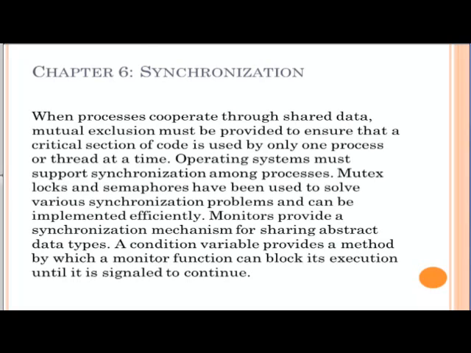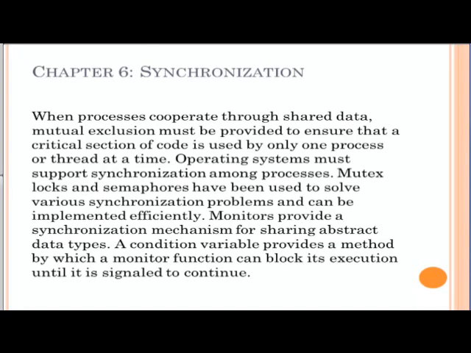If there's something that the second process needs from the first process, then you have to synchronize them. You have to make sure that the first process is done before the second process continues. It can't start before and it can't start in the middle. It has to only start when the first process is done. So it's putting it in order.